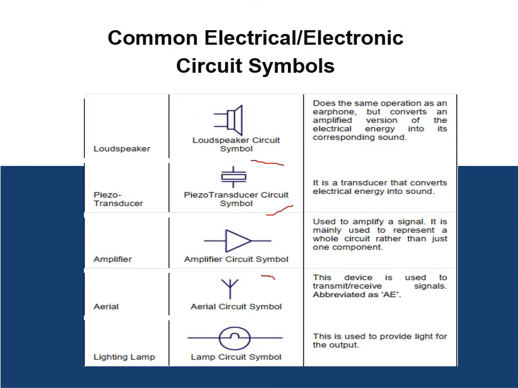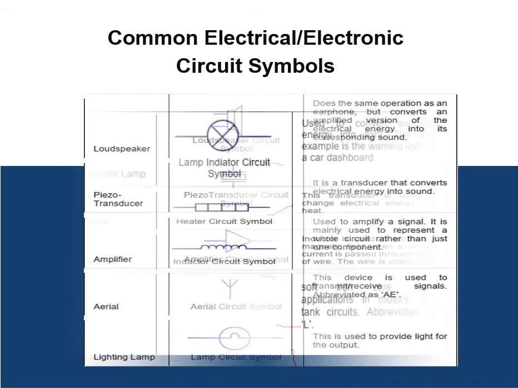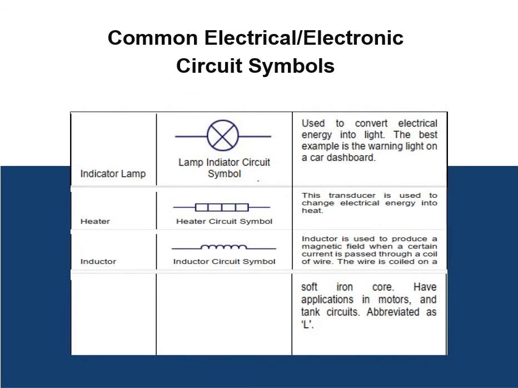The amplifier is used to amplify a signal. It is mainly used to represent a whole circuit rather than just one component. Aerial, lighting lamp, which we discussed earlier. Indicator lamp, heater, inductor. It is used to produce a magnetic field when a certain current is passed through a coil of wire.